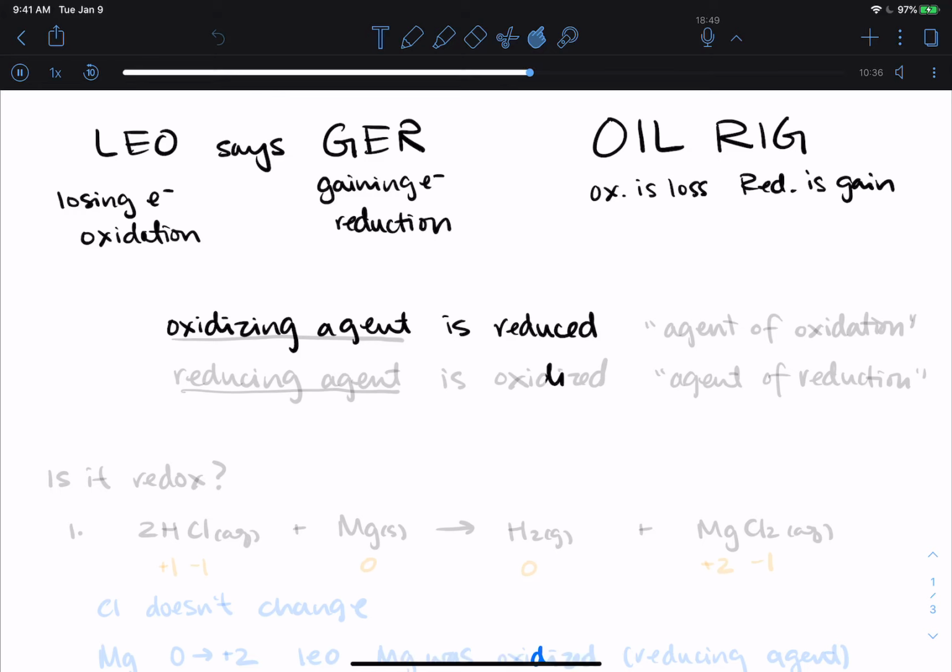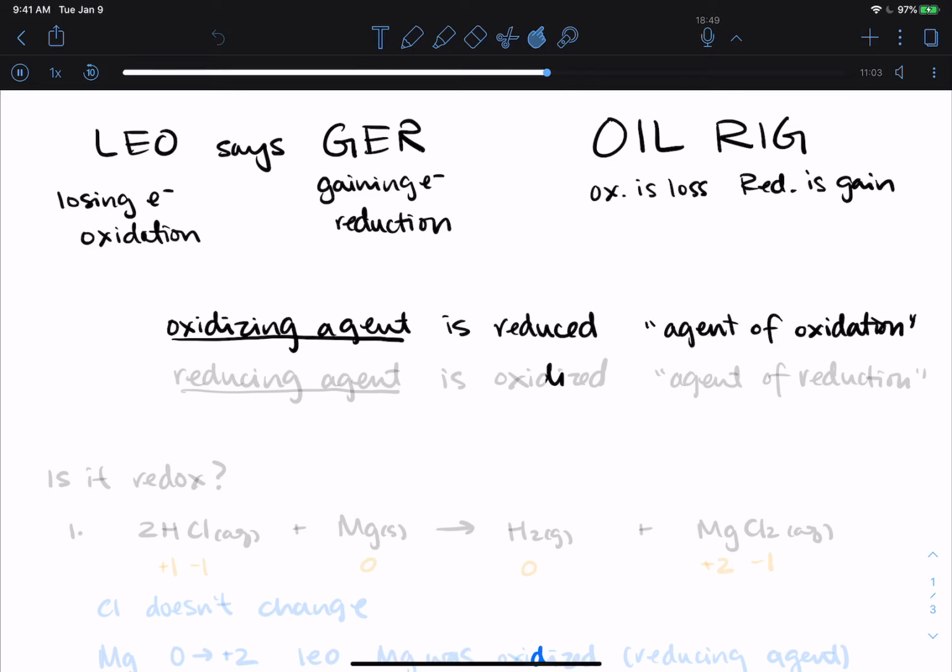It's the same thing, but if it helps, instead of saying oxidizing agent, you can say agent of oxidation, just in your head to help you keep it straight. So the oxidizing agent is reduced, which means the thing that is oxidized is causing reduction.